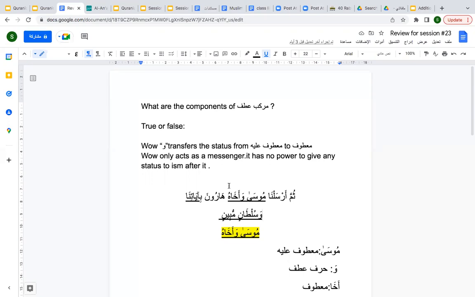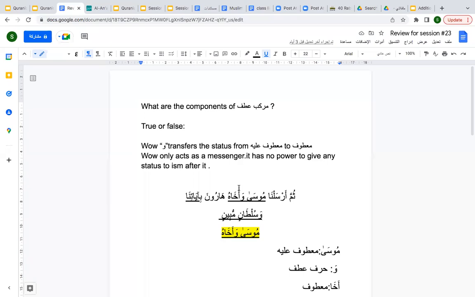So akha, and these are called asmaul khamsa, special asma, because what is special about them? Very well done.